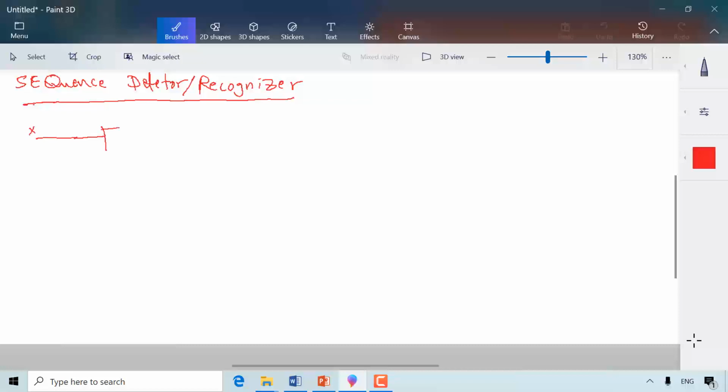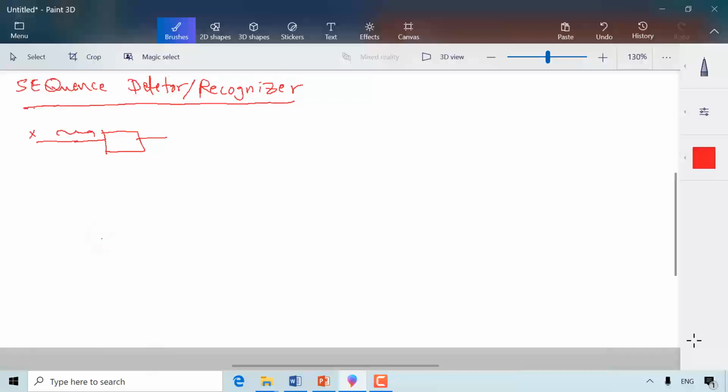I need to detect if I see a certain pattern on X. For example, I want to see if I received 1001 on wire X. Remember, X is a wire that transmits 1 bit. My system has an output Z, which will equal 1 if I see 1001. We call this type of circuit a sequence detector.